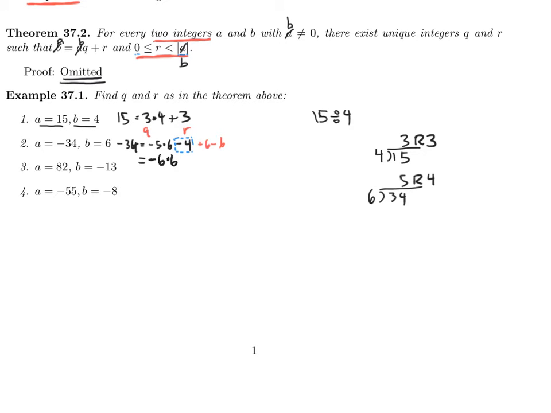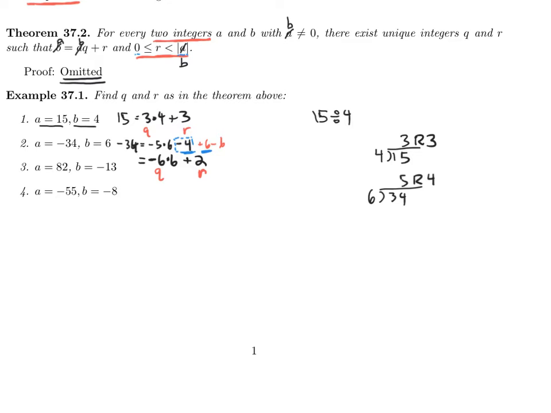And then to get that remainder that I want between 0 and 5, inclusive of both, 6 plus negative 4 is 2. So in the first case, we had Q was 3, R was 3. In the second case, we have Q is negative 6 and R is 2.